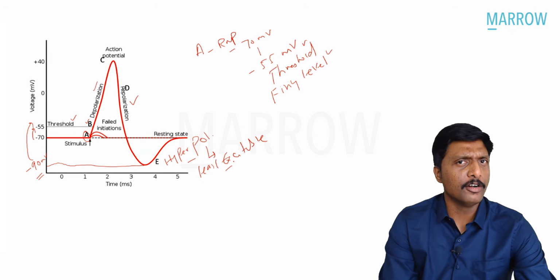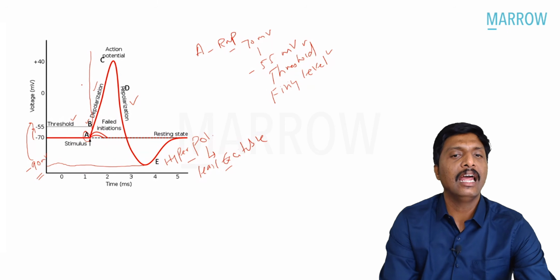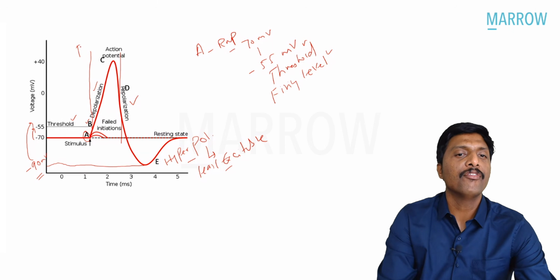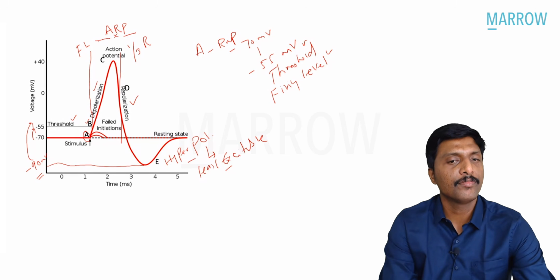Now, most important concept here. From this point of firing level, look very carefully, guys, till the initial third of repolarization. From firing level to the point of initial third of repolarization, we have something called the absolute refractory period.